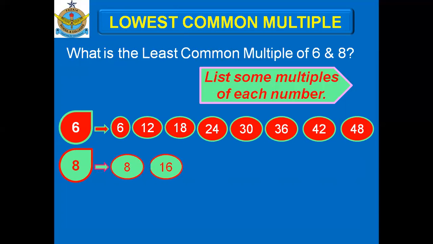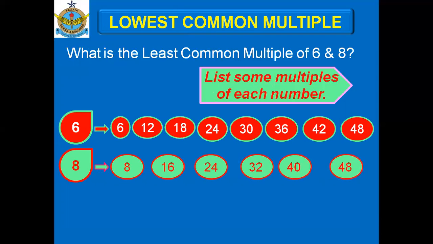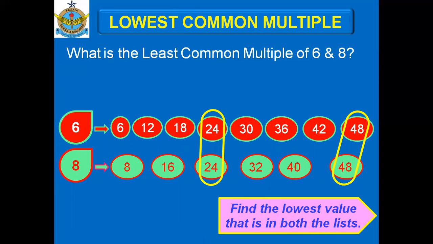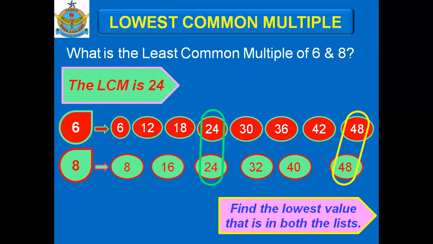The multiples of 8 are 8, 16, 24, 32, 40, 48. The next step is to loop the common multiples in both lists: 24 and 48 are common. Then find the lowest value in both lists. 24 is the lowest one, that's why the LCM is 24.